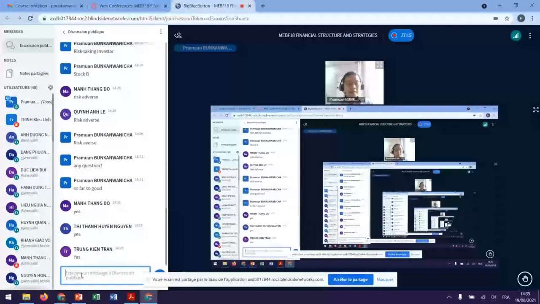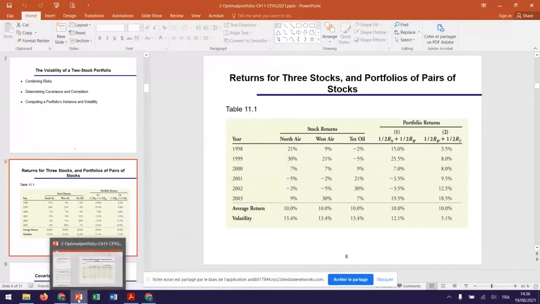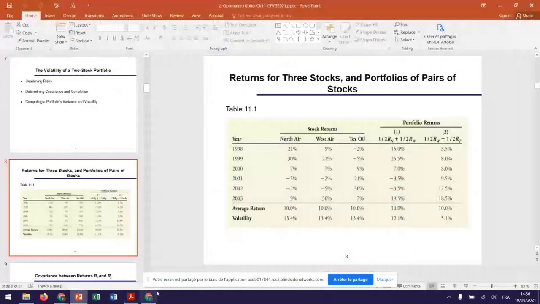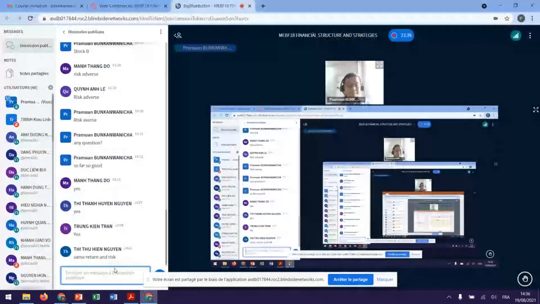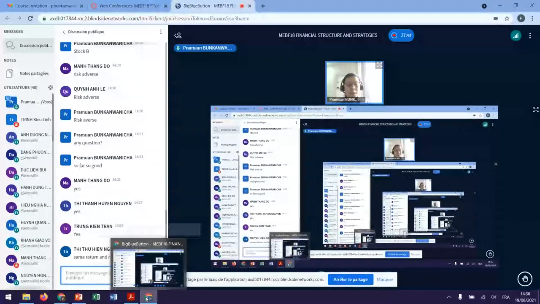Everybody can just have a look at the left-hand side of the three stocks. Can you observe something about the characteristic of returns? Same return, same risk. That's good. What else can you observe?